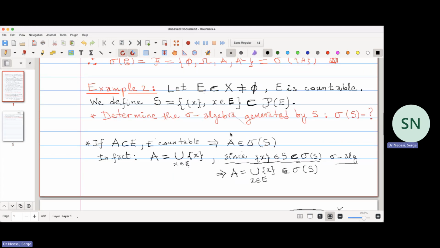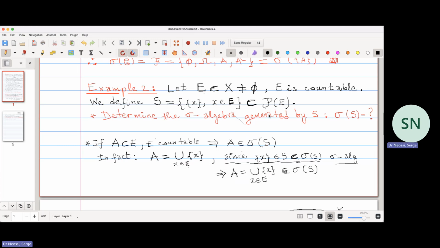Let's see. Yes, I think I did it. In the beginning, when I stated this problem, this example, I said that this S is a subset of the power set, meaning that any element of S is a subset of E. That's exactly what I did. I did it already.